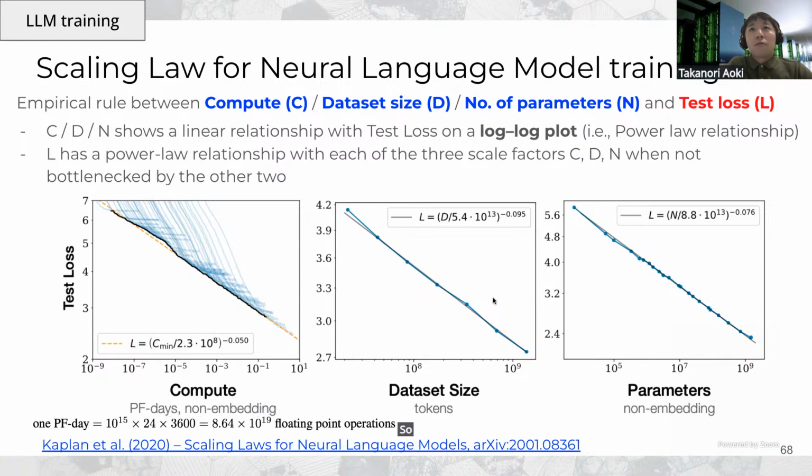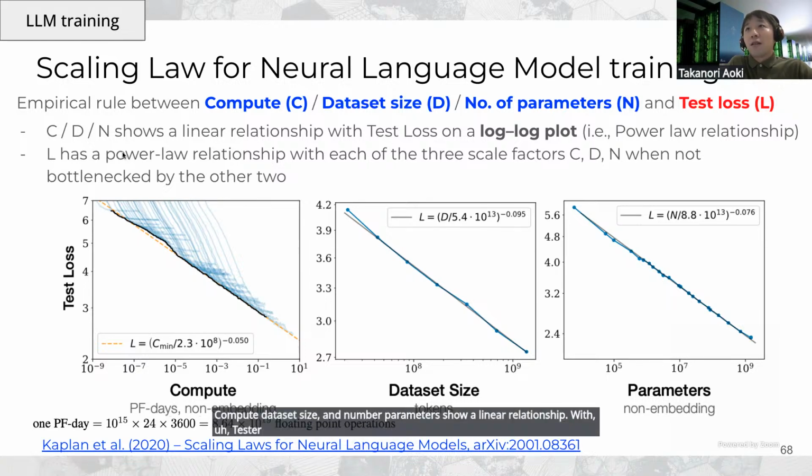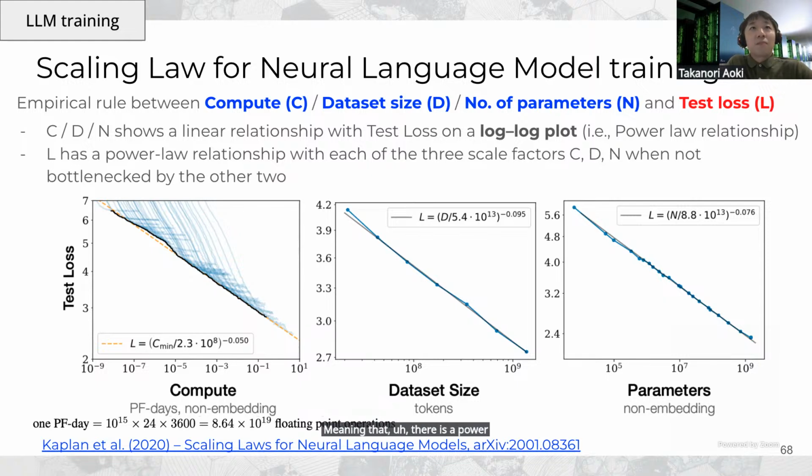So how can we interpret these results? It says compute, dataset size, and number of parameters each show a linear relationship with test loss on a log plot, meaning that there is a power law relationship. Loss has a power law relationship with each of the three scale factors, C, D, and N, in case there is no bottleneck in the other two factors.